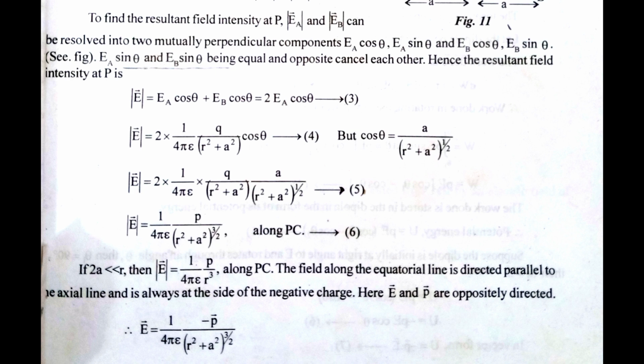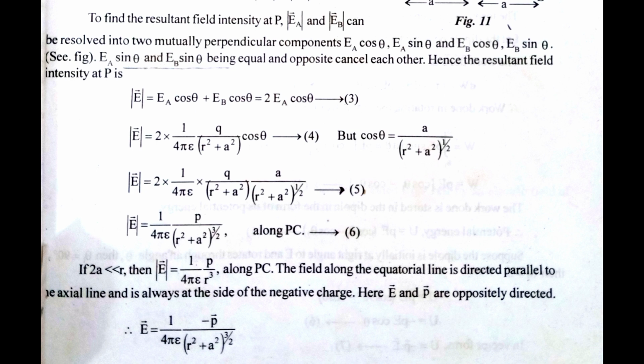Now again look at the numerator. Are there any familiar terms? Yes, 2AQ is here. What is 2AQ? That is P, the dipole moment. So instead of 2AQ we can write P, and we can combine the similar terms. In the denominator we have R square plus A square and R square plus A square whole raised to half.